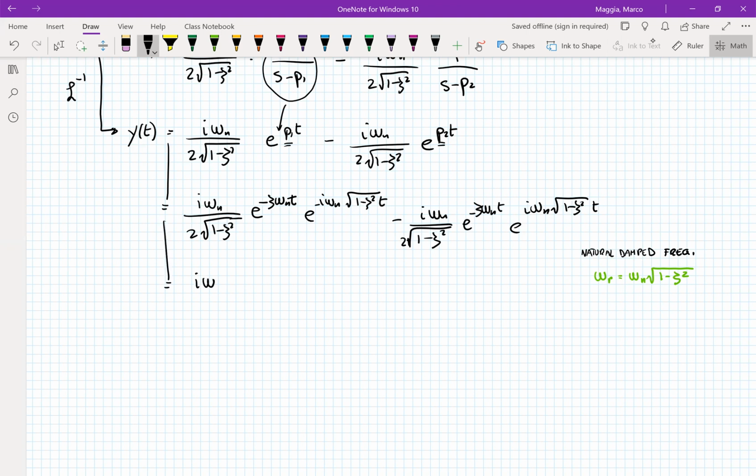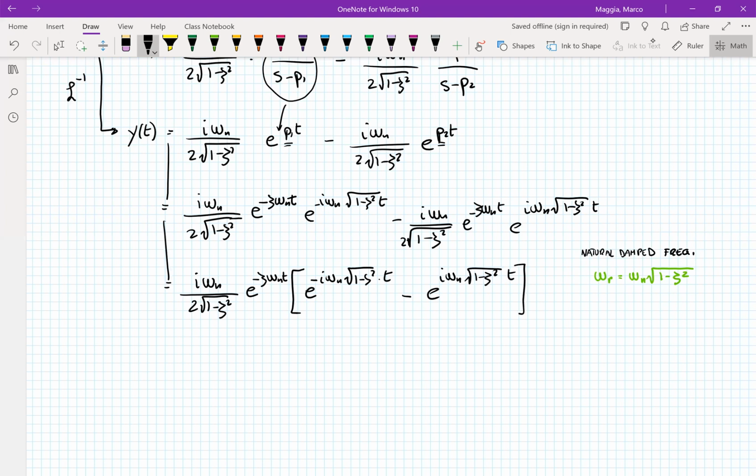All right, I can collect a common factor. And so we are left with e to the power of minus I omega n square root of 1 minus zeta squared times t, minus e to the power of I omega n, same thing, just with the plus.